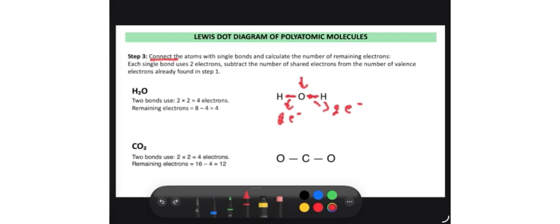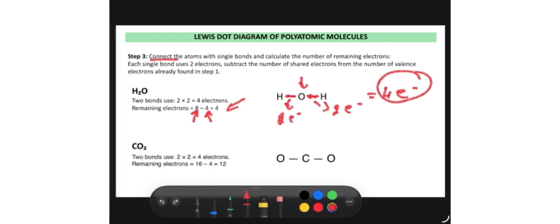So to calculate the number of remaining electrons, we take the number of total electrons minus the number of electrons used in the single covalent bonds that we just drew. So here we are using in total 4 electrons. We had 8 electrons.